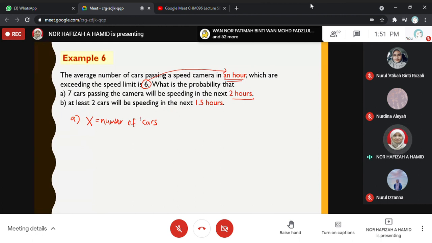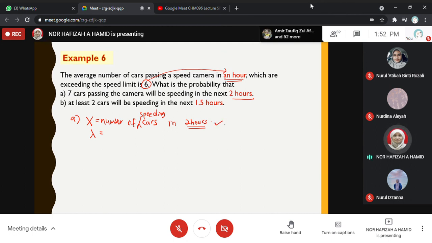Okay, number of speeding cars in 2 hours. Okay, so you kena state the new lambda. Okay, so you punya lambda mesti refer pada you punya X. Dia sama macam binomial, you punya P tu dia mesti refer pada X. So untuk Poisson distribution, you punya lambda tu dia mesti refer pada X. Sebab tu binomial ke Poisson, you mesti tulis dulu you punya X tu apa.